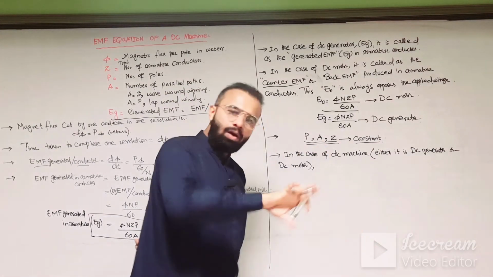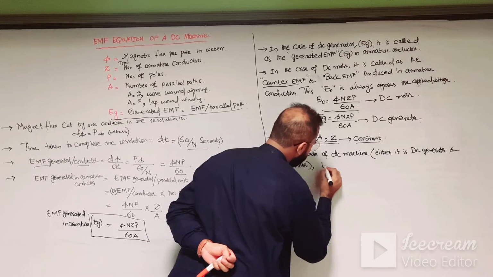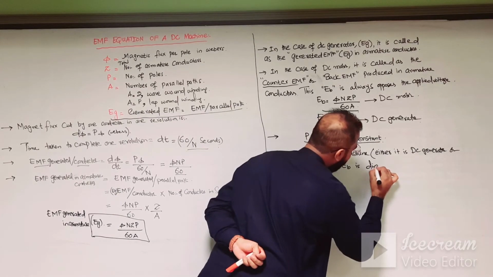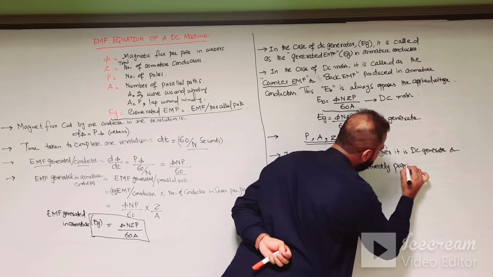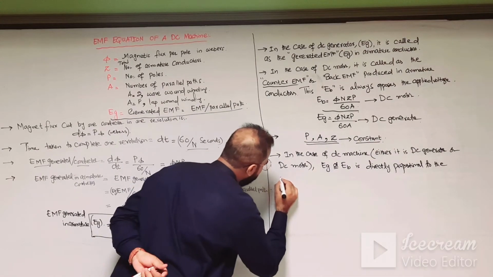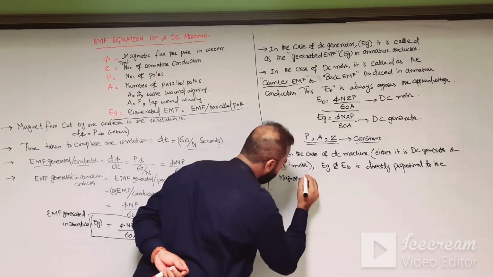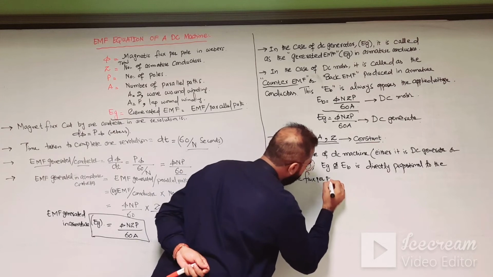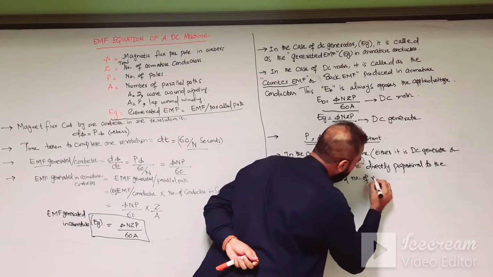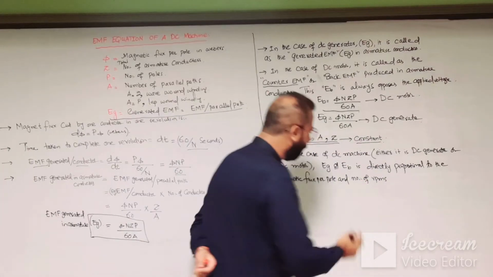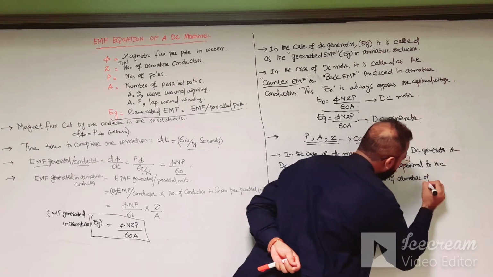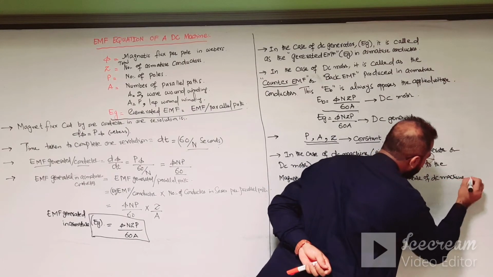Now this EB or EG is directly proportional to the magnetic flux per pole and the number of RPMs or the speed of the armature of the DC machine.